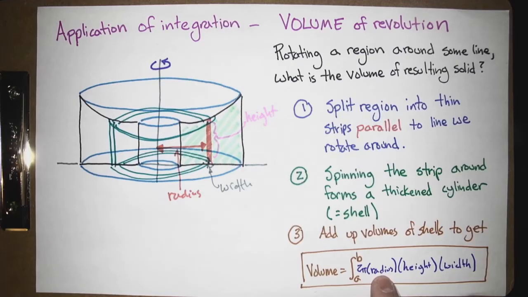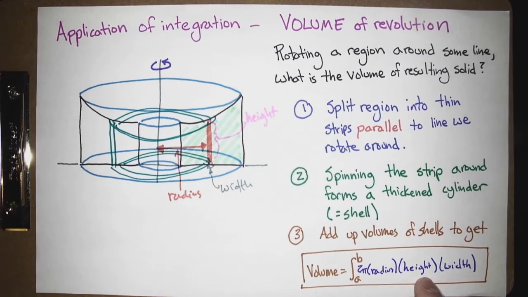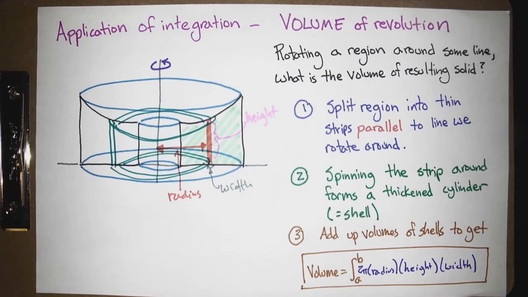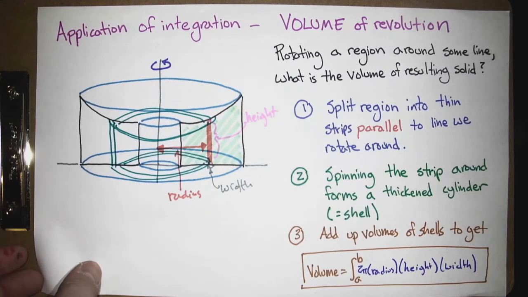Radius is a measurement of a length. Height, that's a measurement of a length. And width is a measurement of length. So it's like, oh yeah, the units work out. And that's sort of a sanity check. Are the units doing what they should be doing? All right. Any questions?